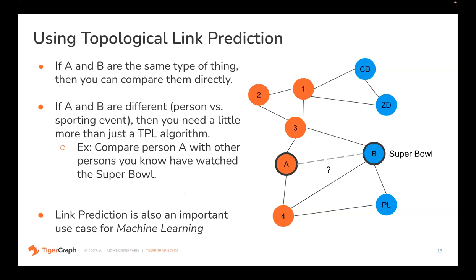So if you can create a model which predicts in general when links form, then you can say, okay, now tell me what the model predicts for A and B. We're not going to go into that today. We've had other webinars that talk about machine learning, and we will have more in the future. That is my product area, so I'm sure I will be coming to you in the future to talk about that.